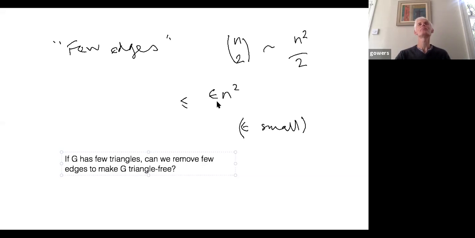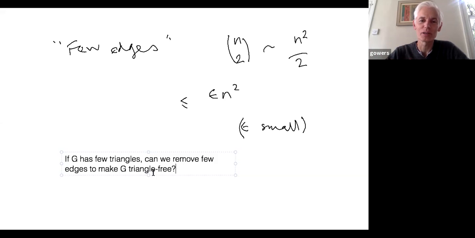So the smallness of the number of triangles could be much smaller than the smallness of the number of edges. I'll allow that. But all I want to know is, if you give me some notion of smallness, this epsilon measures the number of edges that we're allowed to remove. So in a sense, it's saying that if you remove just epsilon n squared edges from a graph, you attain a new graph that's approximately the same as the original graph.